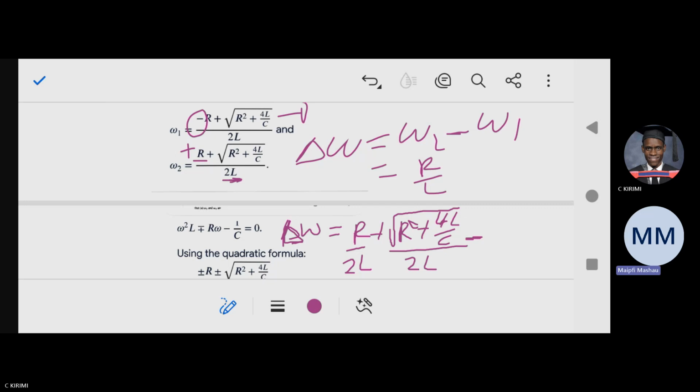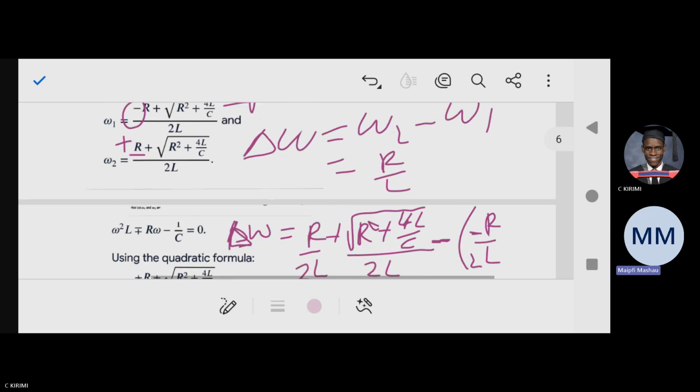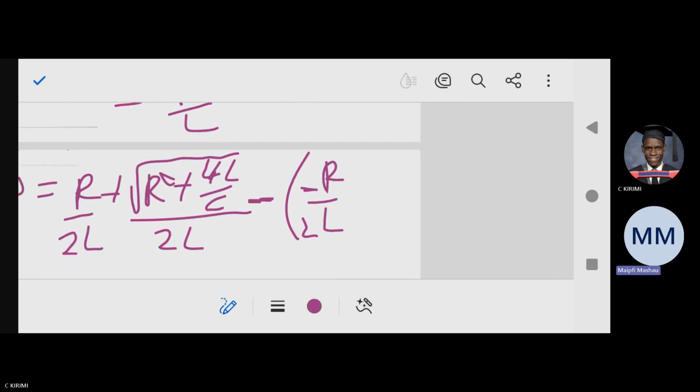W1 is negative R over 2L, so we put minus bracket negative R over 2L, and then plus the square root of R squared minus 4L over C, all over 2L. Exactly. So it will be plus the same thing, the square root of R squared plus 4L over C, everything over 2L.